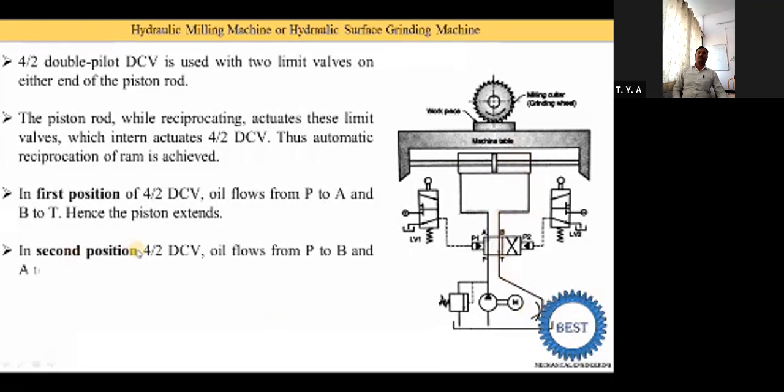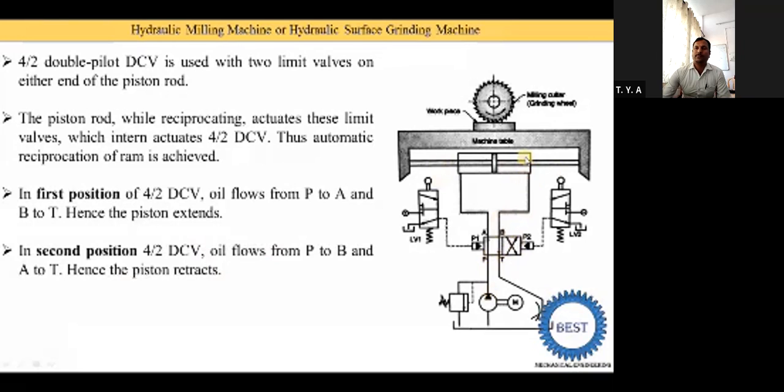So here you see that a flow meter is put. Now in the second position of the 4x2 DCV, oil flows from P to B and A to T, hence the piston retracts. In the second position, on the second square, you see a cross line is drawn. Cross line drawn means the P port is connected with the B port in the upper direction, and here you see the A port in the downward line, so the A port is connected with the T port. Means pressurized oil coming from the P port is supplied to the B port. From the B port oil enters the rod end port. Here both sides have rods, we consider this rod 1 and this rod 2, so rod end port 2.